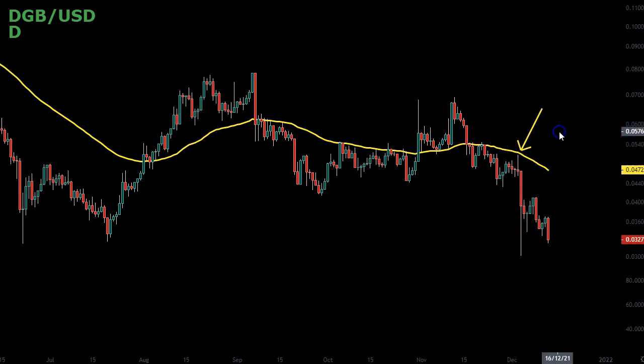As long as we are below this 55 exponential moving average, which is currently standing at 4 cents, there is no bullish narrative. So you can do this yourself. Draw the 55 exponential moving average on your chart, and if we don't climb above it, like here or here, there is no discussion of a bullish narrative of DigiByte.